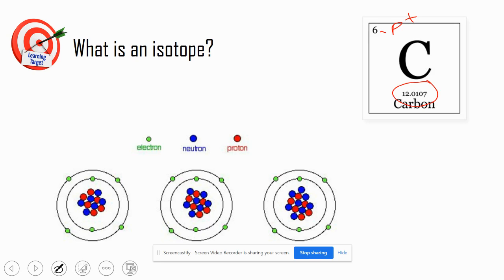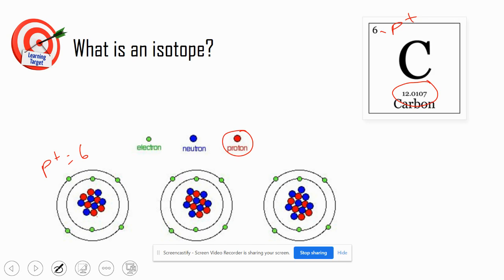We have some carbon atoms down here, so let's take a look at them. They are color coded, and it appears that protons are red. Let's count how many reds we have on this first one: 1, 2, 3, 4, 5, 6. So there are 6 protons in that first one. Let's take a look at the number of neutrons.